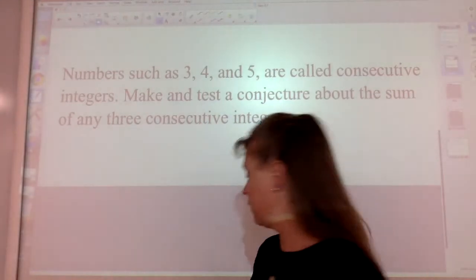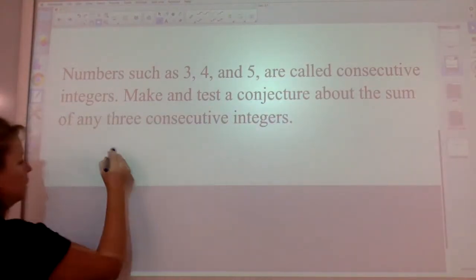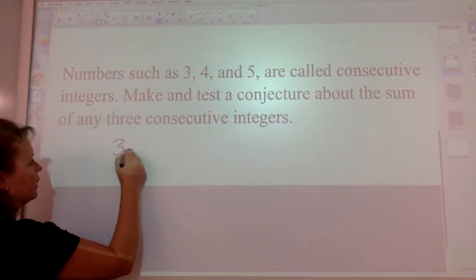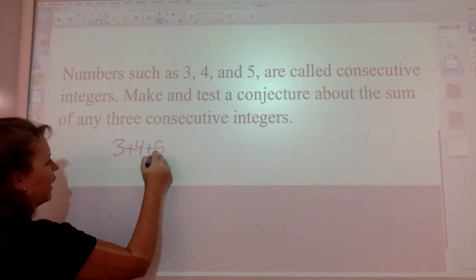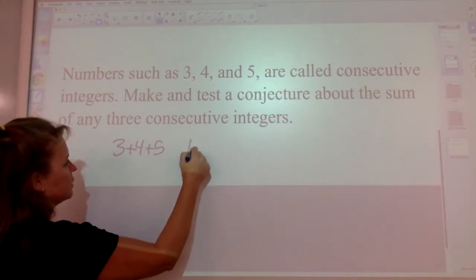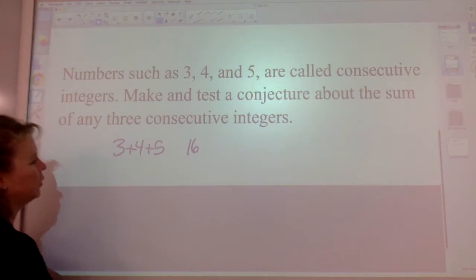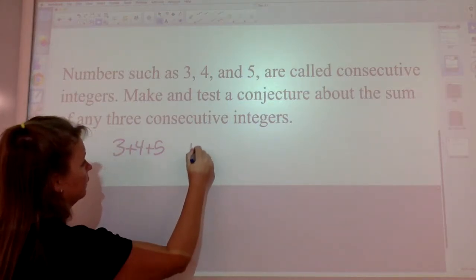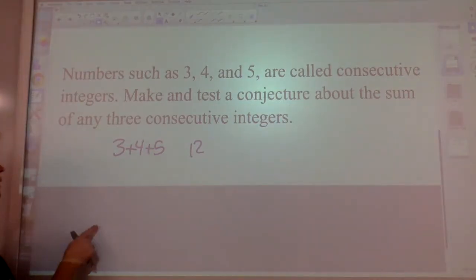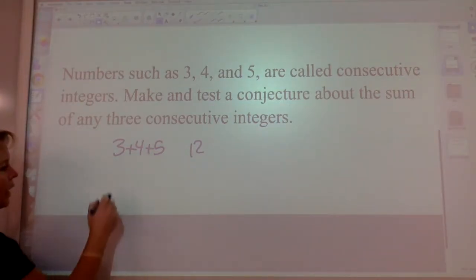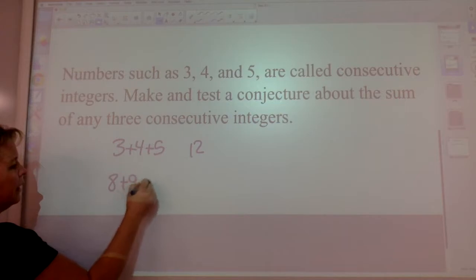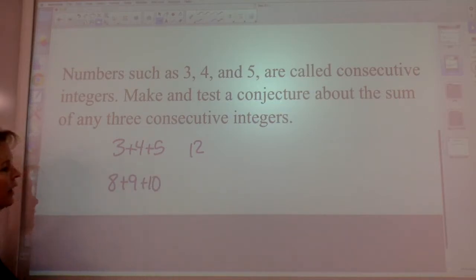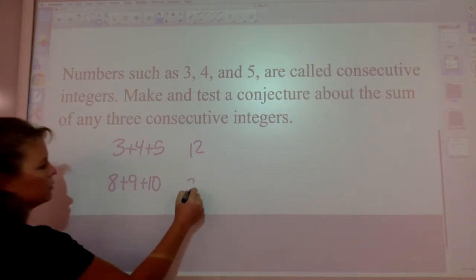Well, let's try a few first. We'll start with 3, 4, 5, since that's what they gave us. And we'll take 3 plus 4 plus 5, which equals 16. No, it doesn't. That's not good. 3 plus 4 plus 5 is 12. Let's try 8, 9, 10. 8 plus 9 plus 10 is 27.